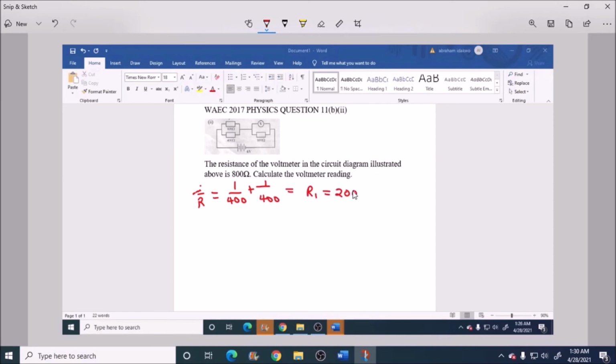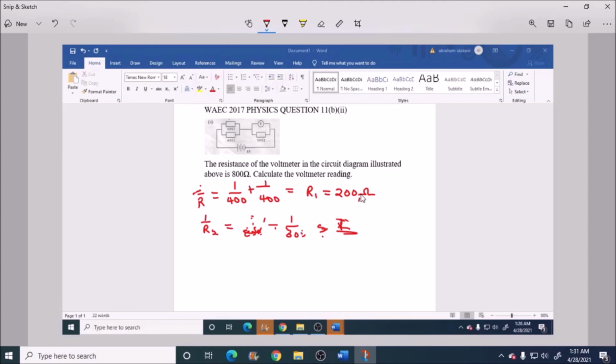Okay, now for R2 we have 1 over R2, which is equal to 1 over 800 plus 1 over 800. This will give us R2 is equal to 400 ohms.